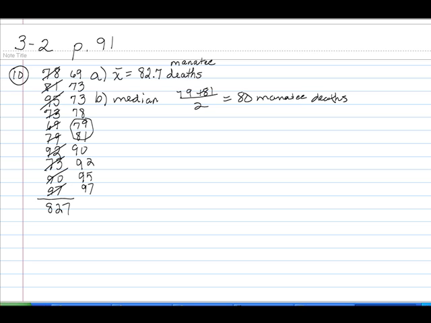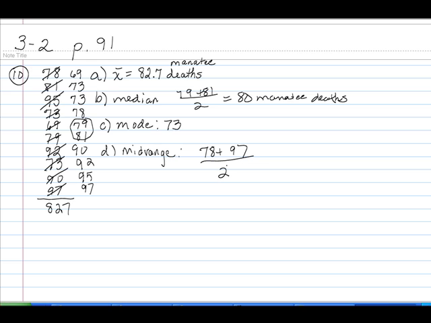Okay, mode is the most frequent. We have 73 appears twice, and that's the only one that's duplicated. And our mid-range is going to be 78 plus 97 divided by 2.